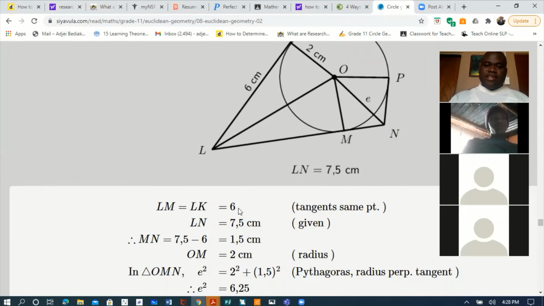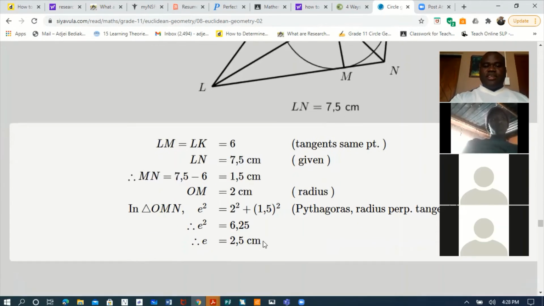In this case, that is E squared, which should be equal to the sum of the squares of the other two sides, and these are the other two sides. So that's exactly what has been used here, and then you make E the subject. You get rid of the square, and you have your 2.5 centimeters.